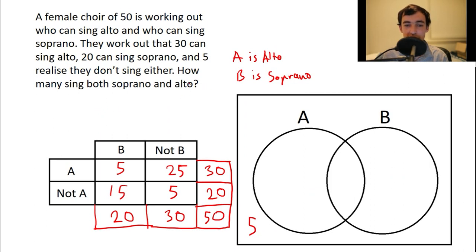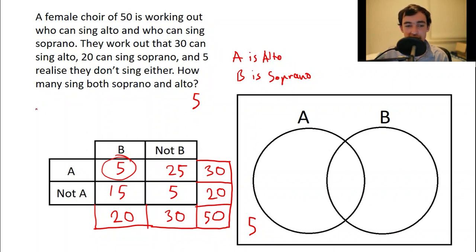But how many sing both soprano and alto? That's this section here. So we eventually got to this 5 at the end, and that's what we're trying to find, because this is A and B. This is the people that sing alto and soprano. So that's 5 people.